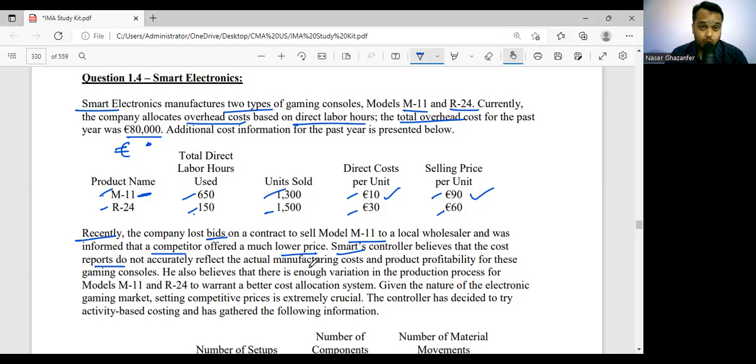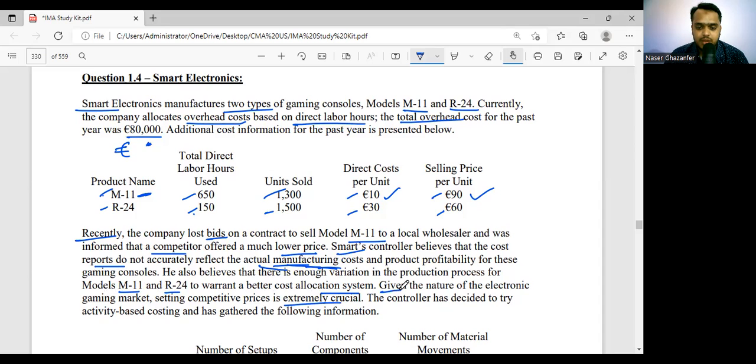That is, the qualified CMA sitting there is saying that it does not reflect the actual manufacturing cost and the product profitability for these gaming consoles. He also believes that there is enough variation in the production process for models M11 and R24 to warrant a better cost allocation system. Given the nature of the electronic gaming market, setting competitive prices is extremely crucial.